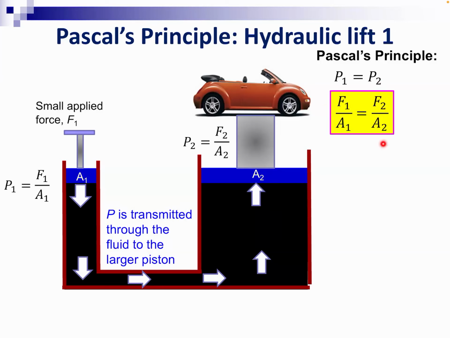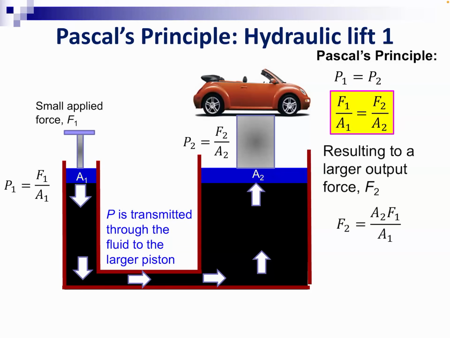So if we work out Pascal's principle in terms of the forces and the areas, we have this equation, and that results in a larger output force at area A2. To appreciate that the force at area A2 is indeed larger than the force at area A1, let's put some numbers to visualize that.